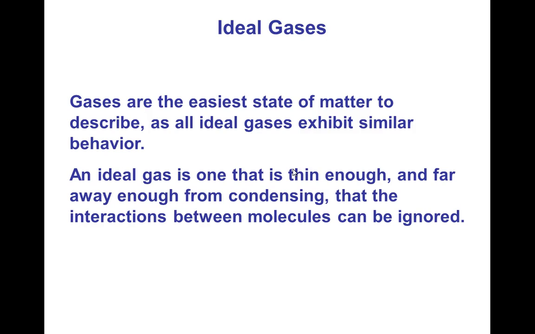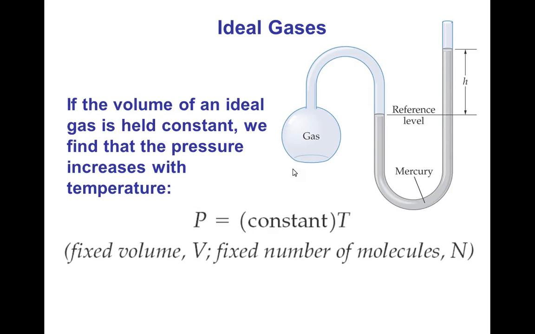So gases are the easiest state of matter to describe, as all ideal gases exhibit similar behavior, and an ideal gas is a gas that isn't so dense that it's interacting with each other in a way that would make them condense, and that we're going to ignore interactions between molecules and just have the gas interacting with the sides of a container or something.